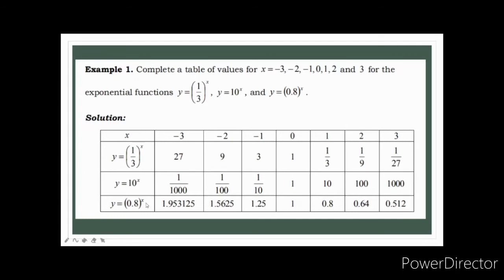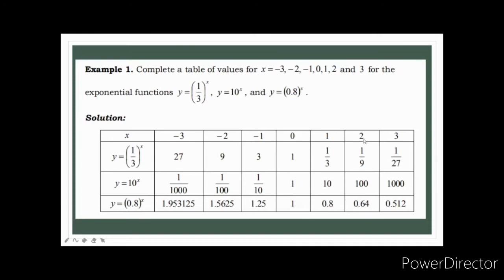Now for x is negative 2, 0.8 raised to negative 2 is equal to 1 over 0.8 raised to positive 2. That is equivalent to 1.5625. Now for x is negative 1, 0.8 raised to negative 1 is equal to 1 over 0.8, that is equivalent to 1.25. Now if our x is 0, any number raised to 0 is automatically equal to positive 1. If x is positive 1, 0.8 raised to positive 1, we get 0.8.